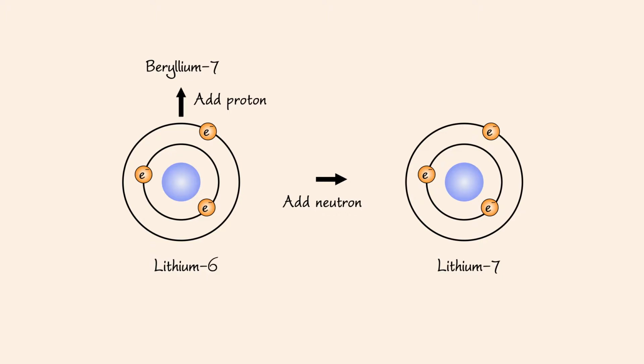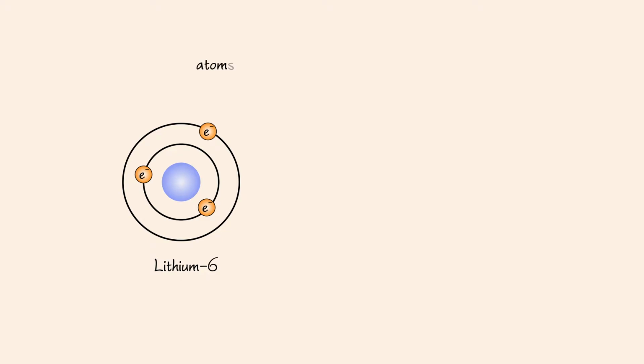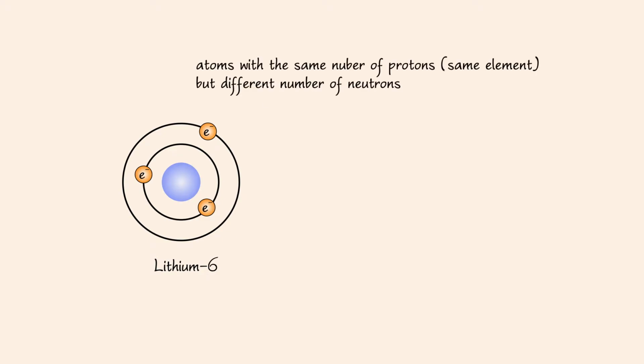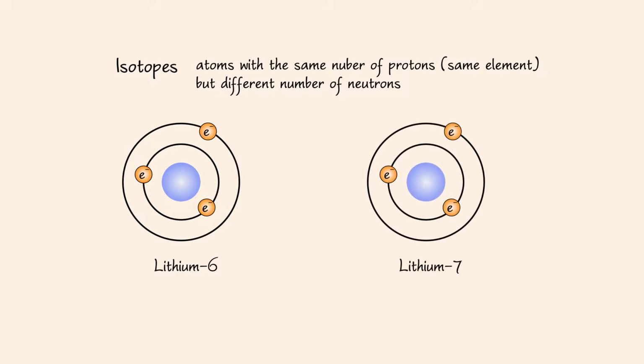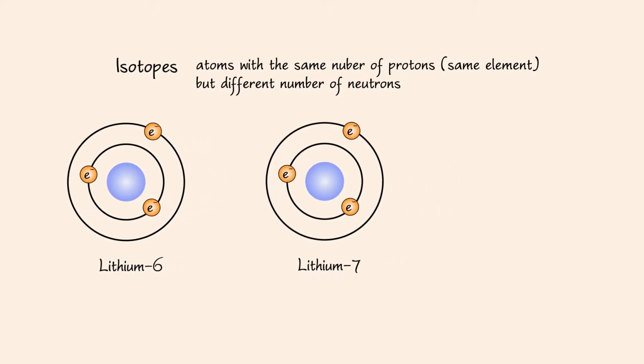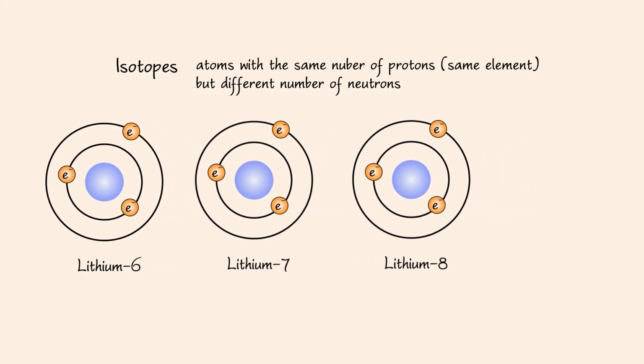Now let's focus our attention on the lithium-6 atoms only. Atoms with the same number of protons but different number of neutrons are called isotopes. Lithium has multiple isotopes, including lithium-6, lithium-7, lithium-8, lithium-9, and more.